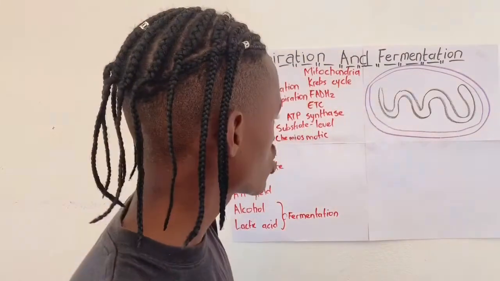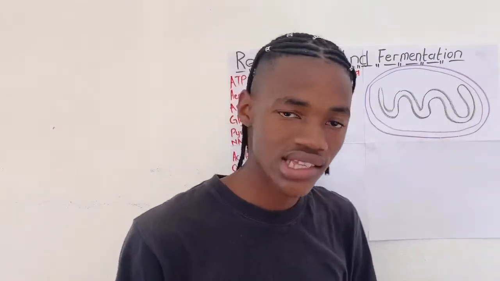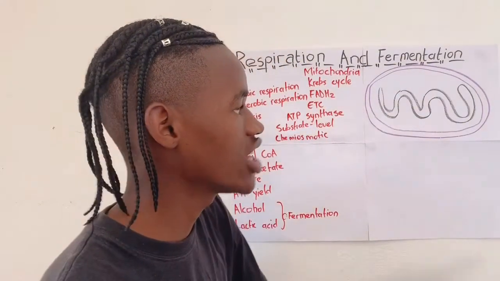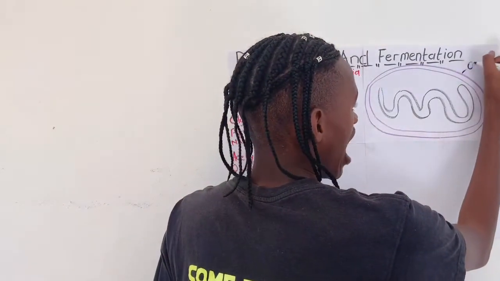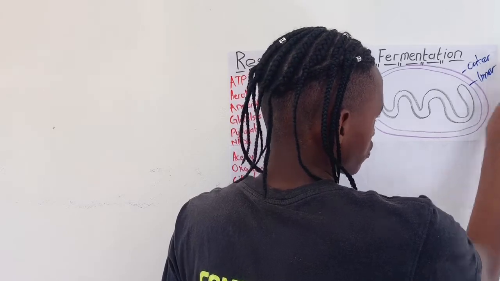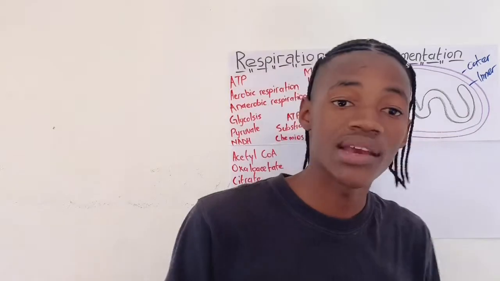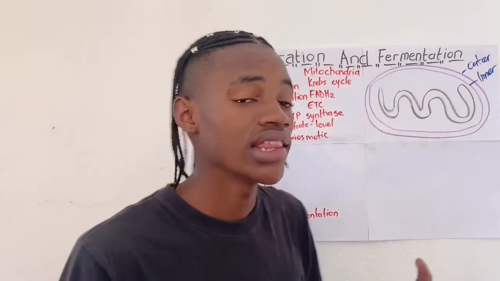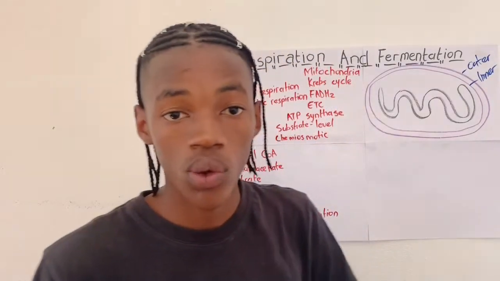All right, so now, as you can see, we have the structure, and the structure has two membranes, which is composed of an outer membrane and an inner membrane. So these membranes protect the cell, and they separate the organelle from the rest of the other organelles in the cytoplasm.